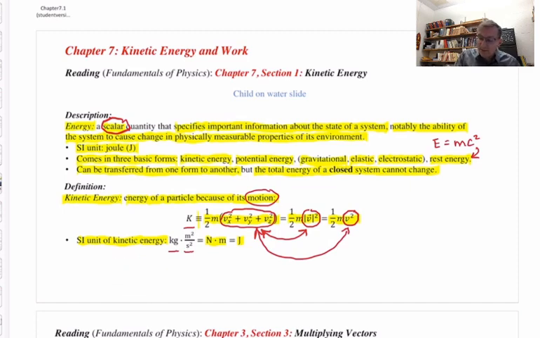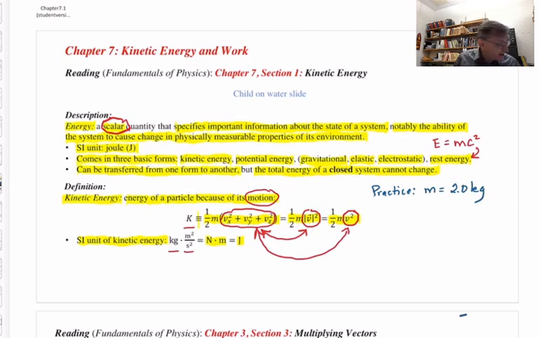All right, here's a little mini practice that I want us to do together. Okay, I'll write it down over here. Suppose I tell you that I've got a particle and it's got a mass of 2 kilograms.